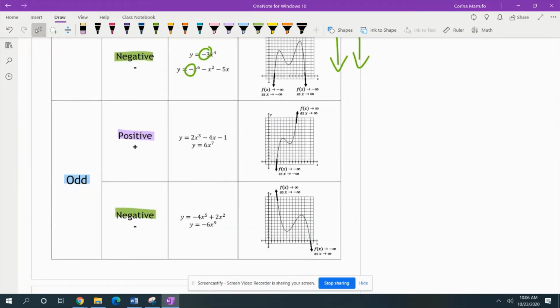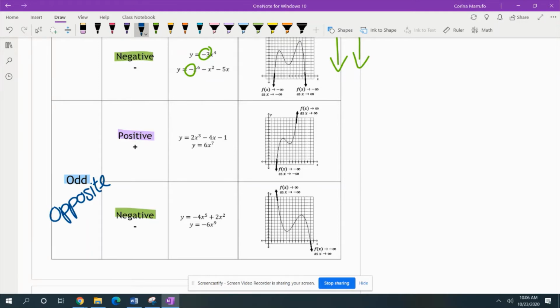If our degrees are odd, here are some examples of odd degrees. Here we have 3, 7, 5, and 9. Okay, so those are odd degrees. Whenever we have odd degrees, our arrows are going to go in opposite directions. So opposite directions are our end behavior.